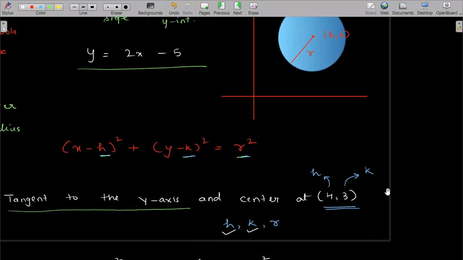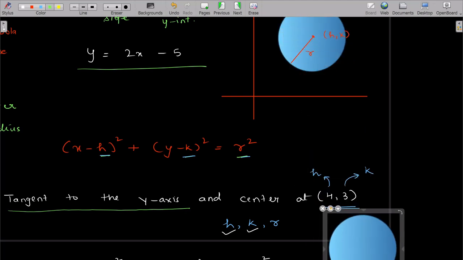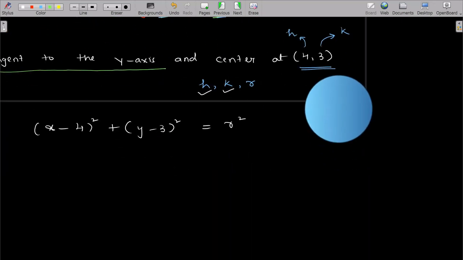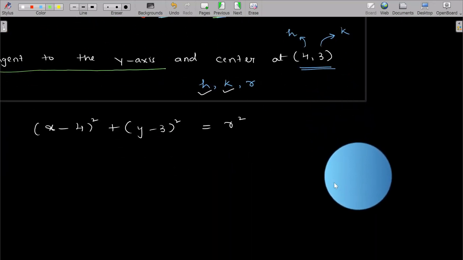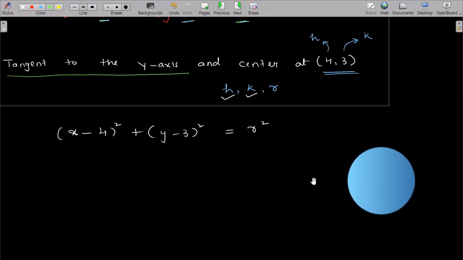So I'm going to take this circle. Okay, so this is the circle and it is tangent to the y-axis. So my y-axis is actually touching this circle.